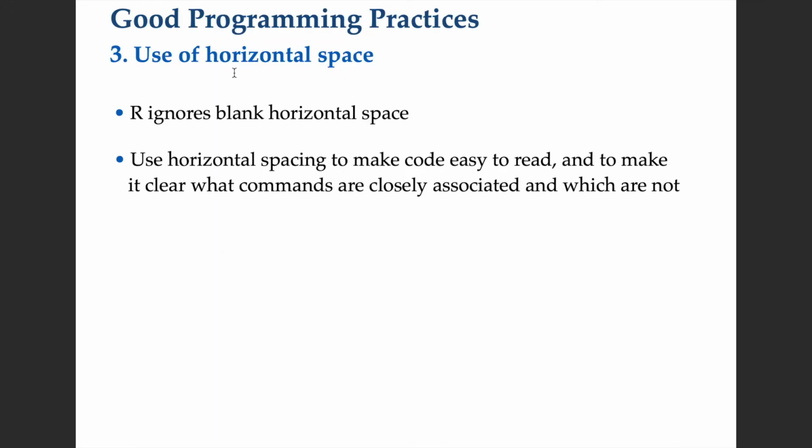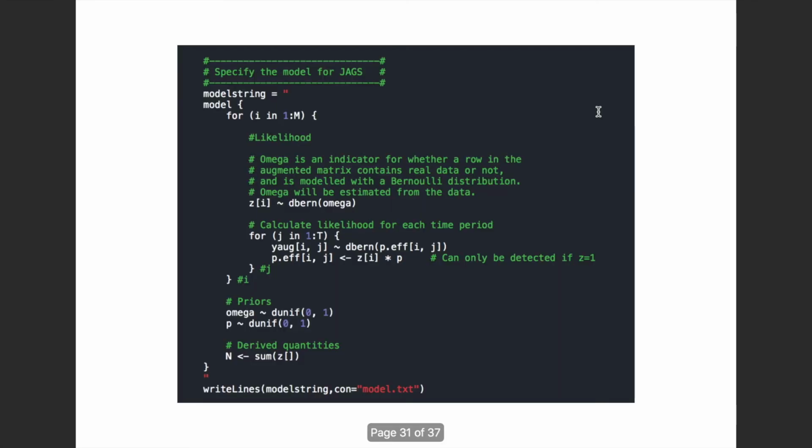You should also use horizontal space very copiously. R ignores blank horizontal space, so you should use it to make code easy to read and to make it clear which commands are closely associated and which are not.